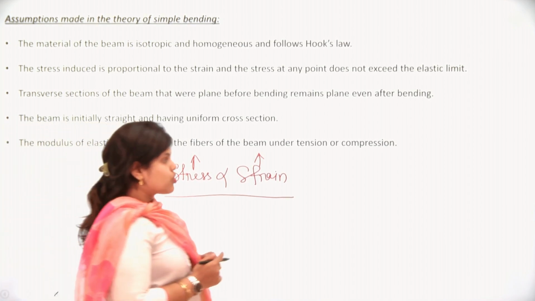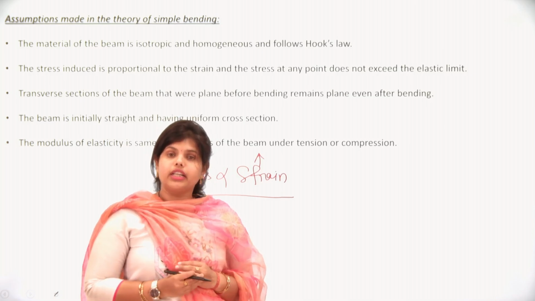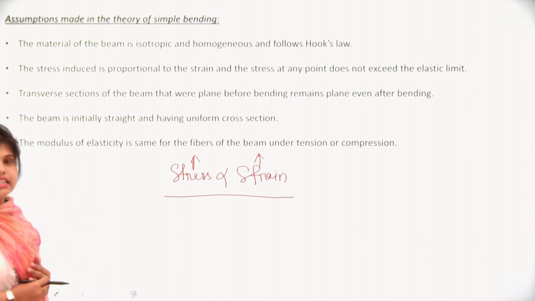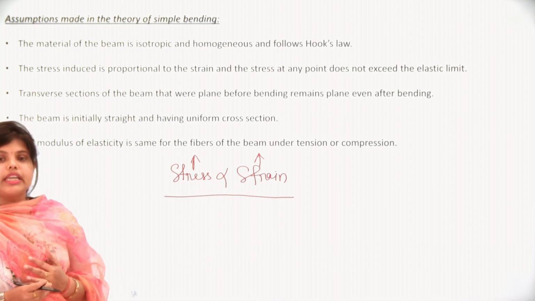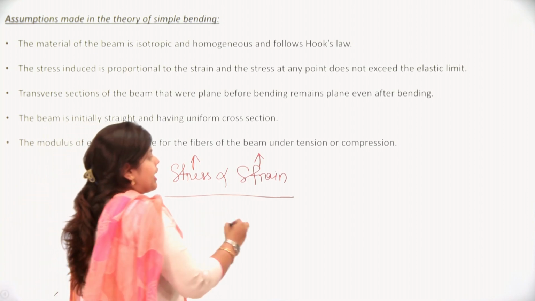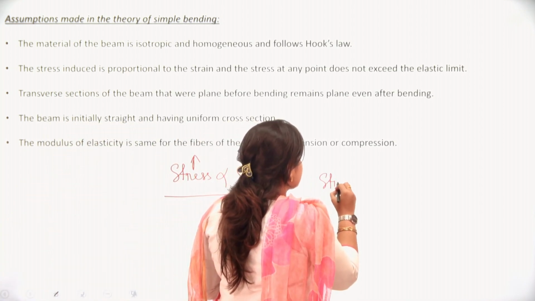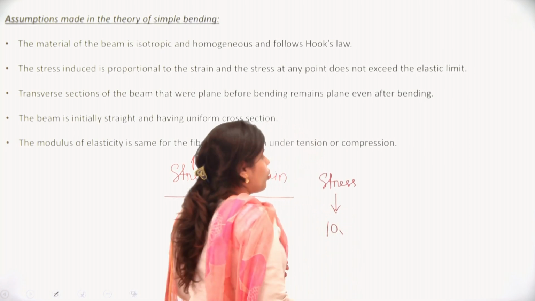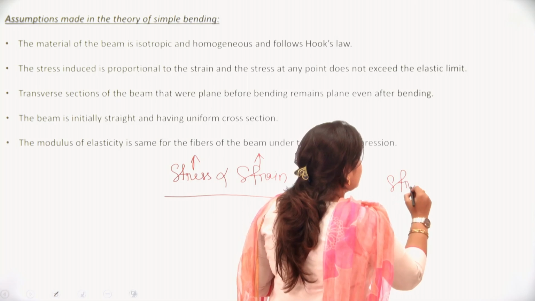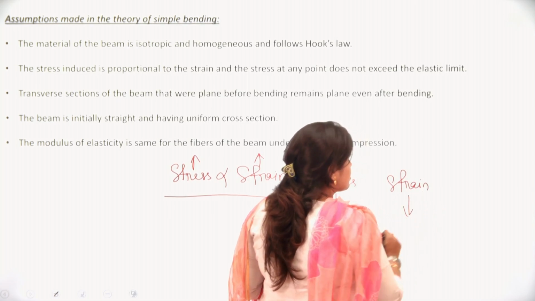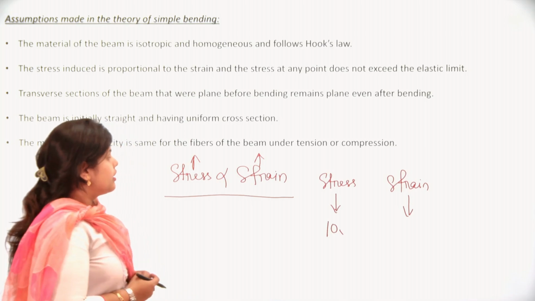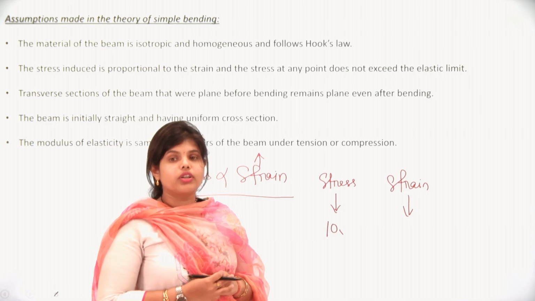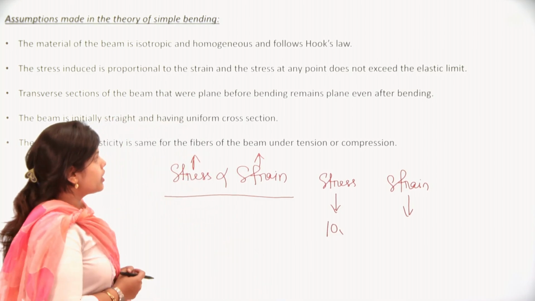In our stress strain diagram, we have already learned about the elastic limit. Like if stress decreases by a value of 10, strain will also decrease. And third, the stress at any point doesn't exceed the elastic limit.